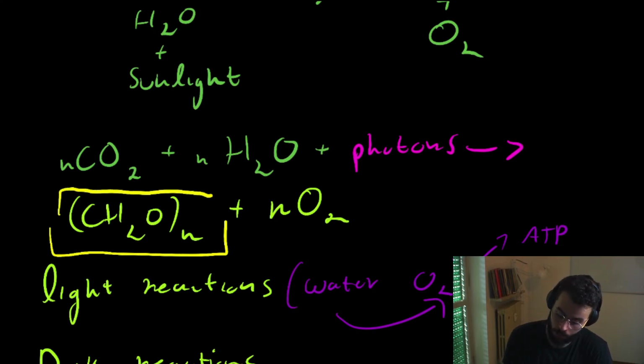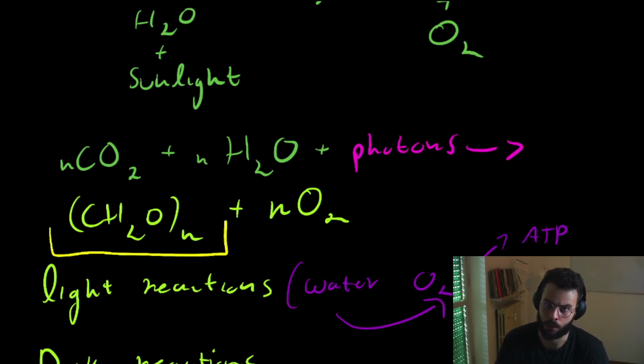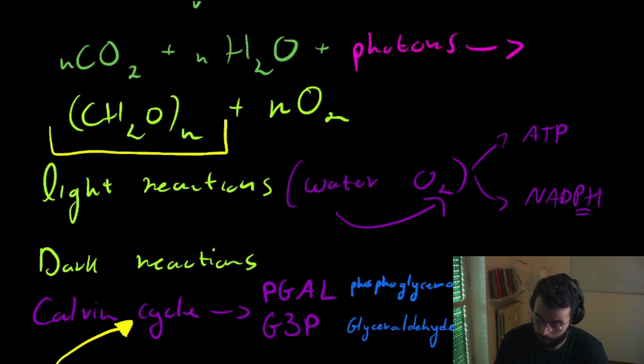You should know by now that this is the basic formula for glucose and carbohydrates. You are going to have one carbon, 2 hydrogen, and 1 oxygen, and it's going to just repeat itself. This is the definition of carbohydrates.